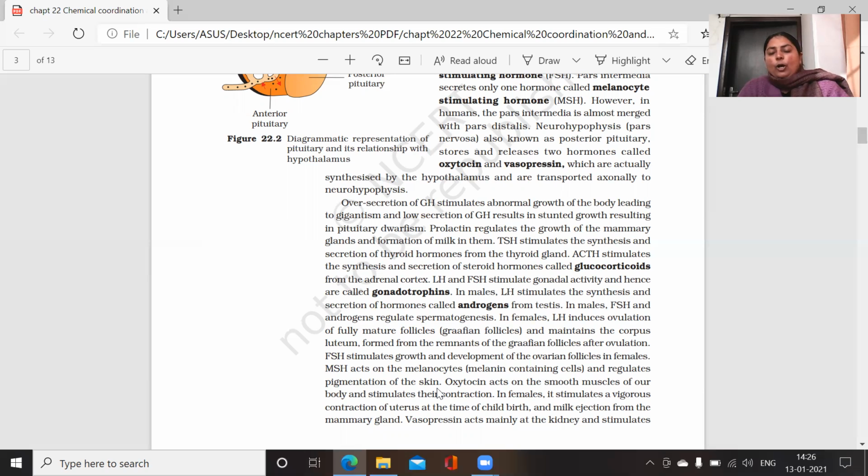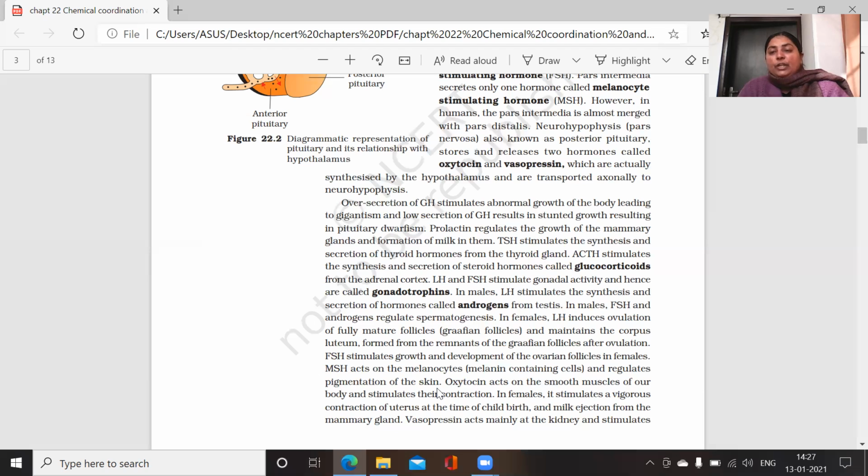So luteinizing hormone stimulates the synthesis and secretion of the androgens, which are the male sex hormones, from the testes. In males, FSH and androgens jointly regulate the process of spermatogenesis also, that is the formation of the sperms. And what task do they perform in the body of the female?